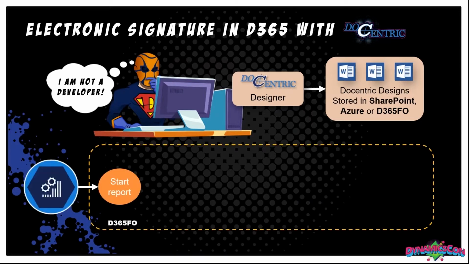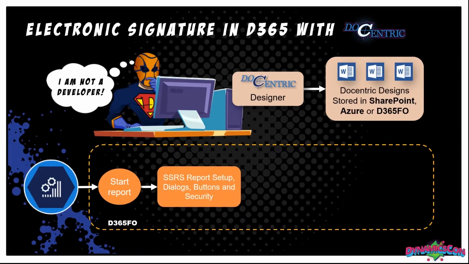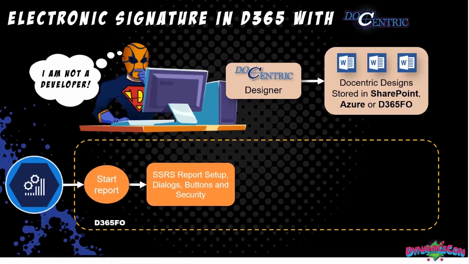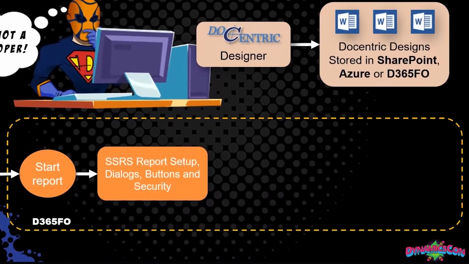As we have created those nice looking designs, let's see now how we can use them in D365. We start with a report and we use everything that is already there in standard D365, such as report setups, dialogues, buttons, and security, which actually means that you can expect a natural standard user experience when using Docentric.